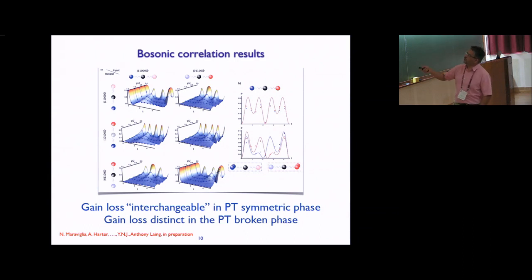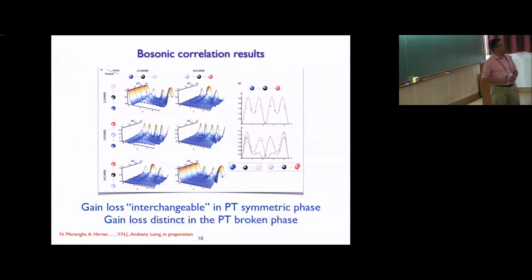If you look at it, you'll find they are similar in the PT symmetric region, whereas in the PT broken region, which is this range where gamma over j is like 1.5, very high, these 2 differ. And that's an explicit demonstration, if you wish, of what I had mentioned earlier as key signatures of the PT symmetric phase and PT broken phase. In the PT symmetric phase, the gain and loss are roughly interchangeable.